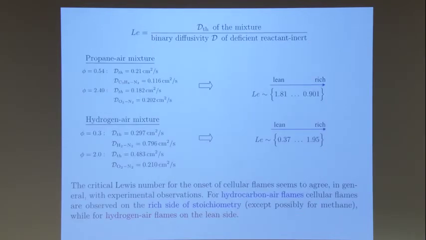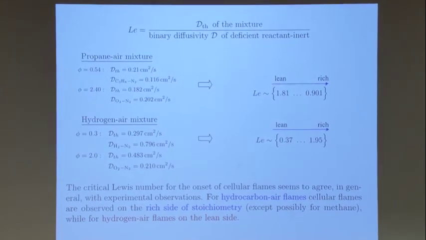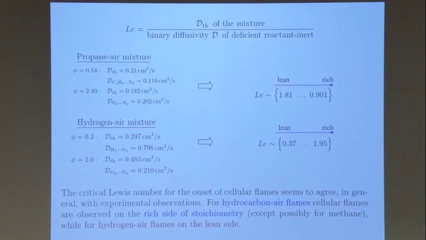Before I stop, I just want to say that if you take the Lewis number of, let's say, a propane-air mixture, and you consider from lean to rich conditions, you're going to see that for propane, the Lewis number goes from high to low. For hydrogen, it goes from low to high. In fact, we have seen that before when I plotted the Markstein lengths and the equivalence ratio.